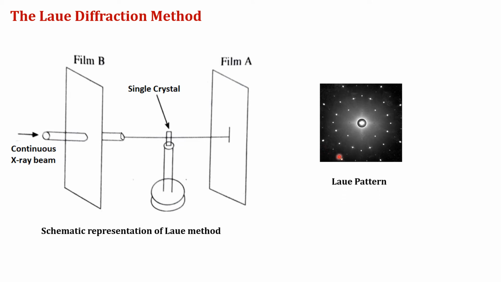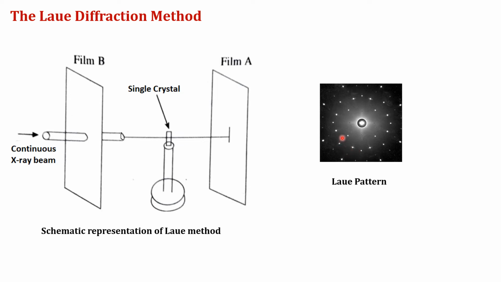When X-rays are scattered by certain groups of parallel atomic planes within the single crystal, the resulting pattern shows a series of spots in definite order.